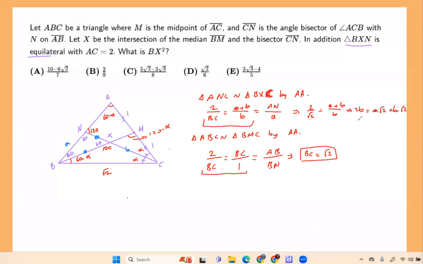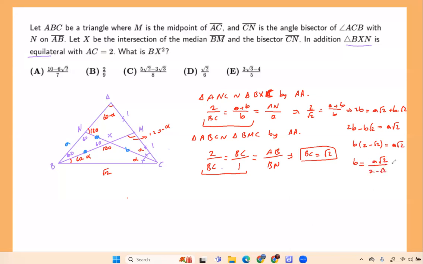So let's try that. So that should give us 2B minus B root 2 equals A root 2. And pull the B as a factor, so that should be B times 2 minus root 2 equals A times root 2, and divide by that expression, so you will get B equals A times root 2 over 2 minus root 2.